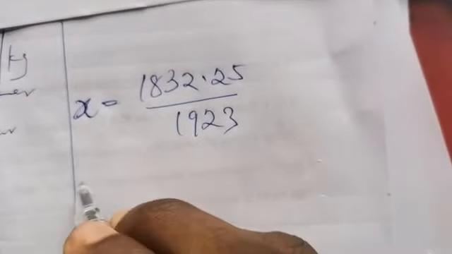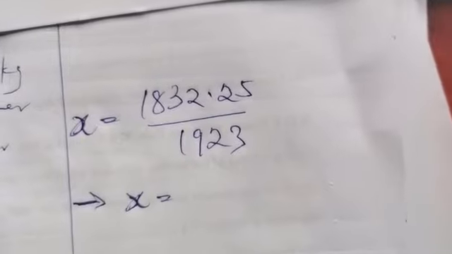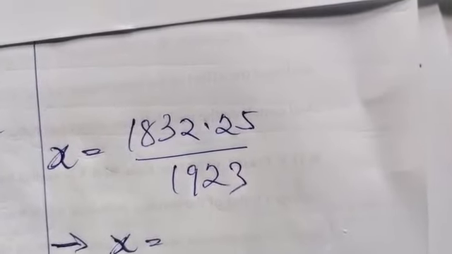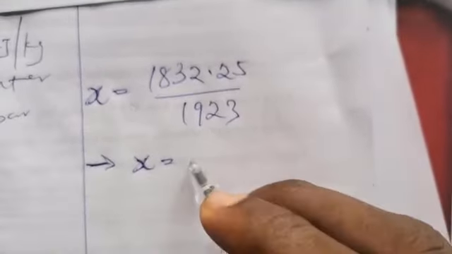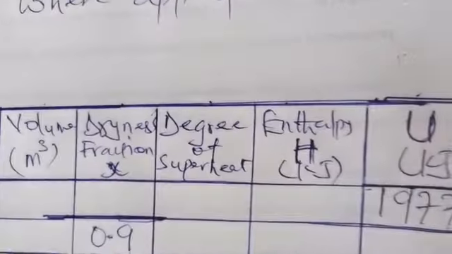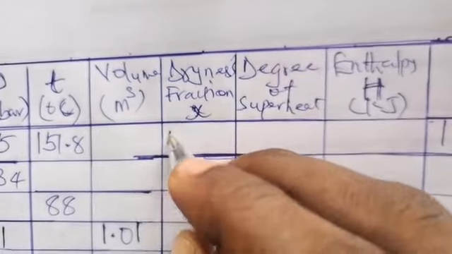This simply implies that the dryness fraction X is equal to 0.95. So if we have this, we can fill the column for dryness fraction. Dryness fraction X is simply 0.95.